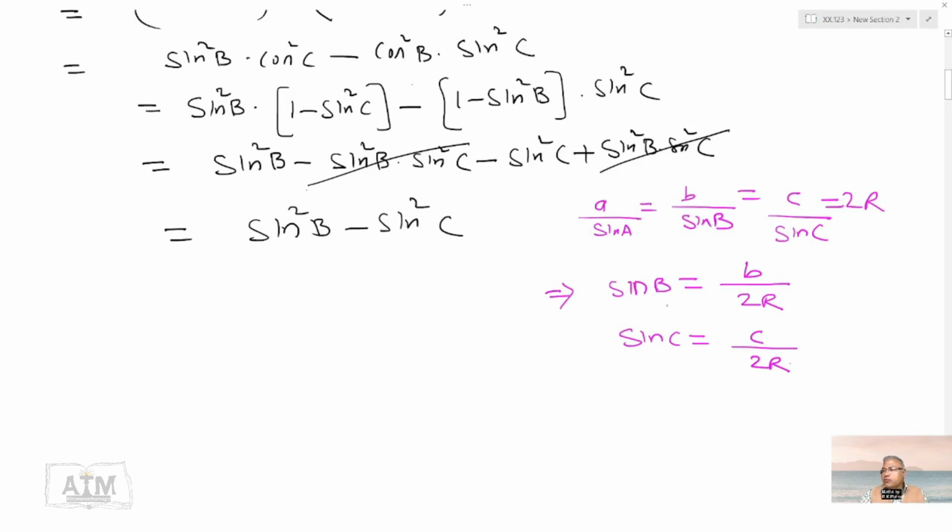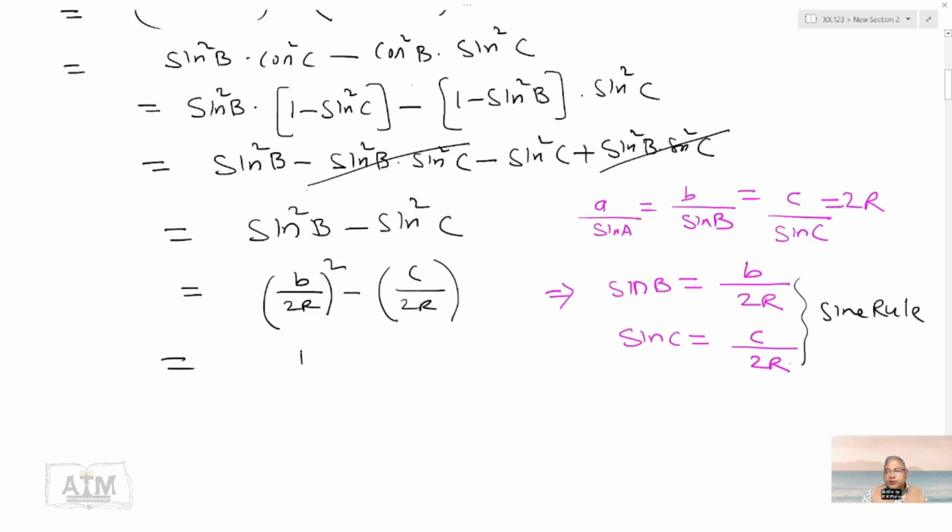By using sine rule, we get sin B equals to b upon 2R and sin C equals to c upon 2R. So putting these values here, sin B is nothing but b upon 2R and sin C is nothing but c upon 2R. This is the outcome of sine rule.